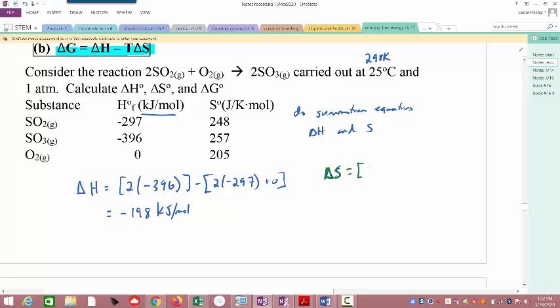Same thing. 2 times the SO3 value minus 2 times the SO2 value plus 1 time the oxygen value.